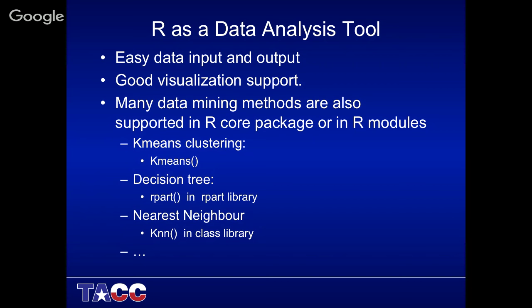For clustering, there's k-means clustering, which is a common clustering algorithm. There's a decision tree, so there's an rpart library to support that. There's a class library for k nearest neighbors, and many other common algorithms used in data analysis.